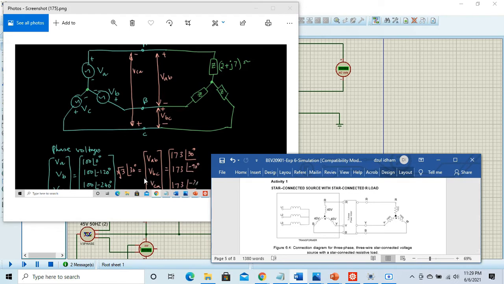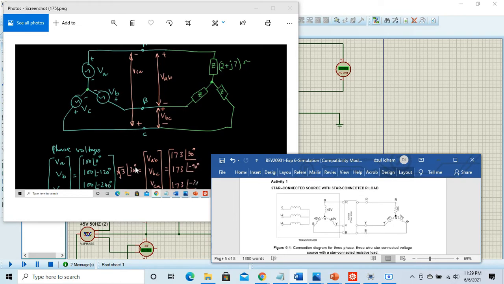For the theory, the voltage from R to Y is 45 times square root 3, because VAB, which is the line voltage, is VA times square root 3.